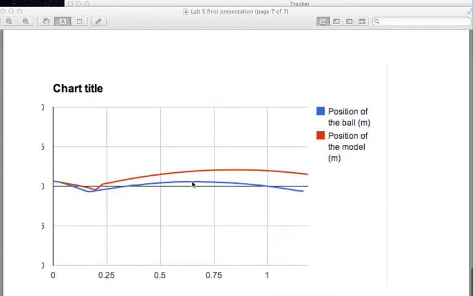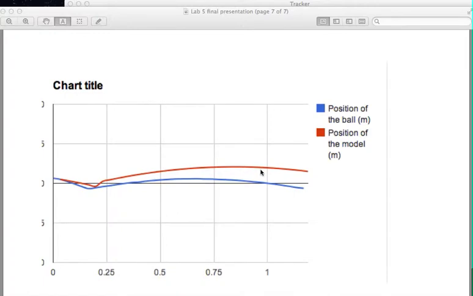As you can see, it's a pretty close representation, but the model begins to underpredict a lot towards the end here. There are a couple reasons for this error, and one is that it could simply be a modeling error on Tracker, which is shown by the inconsistency of the Tracker graph itself. There could be an incorrect initial velocity because it was technically an average velocity over 2 points, and so it could be more exact.